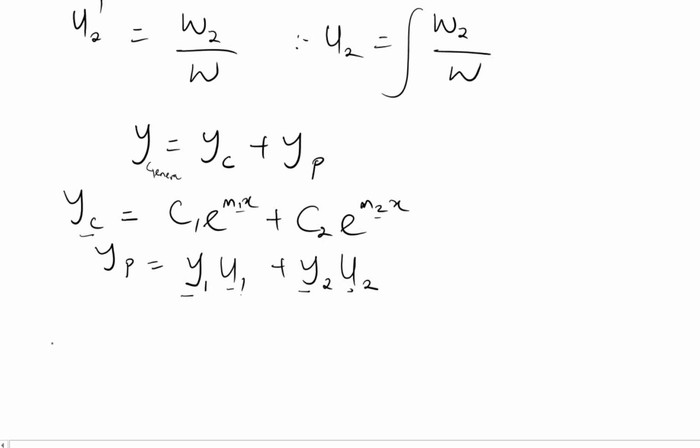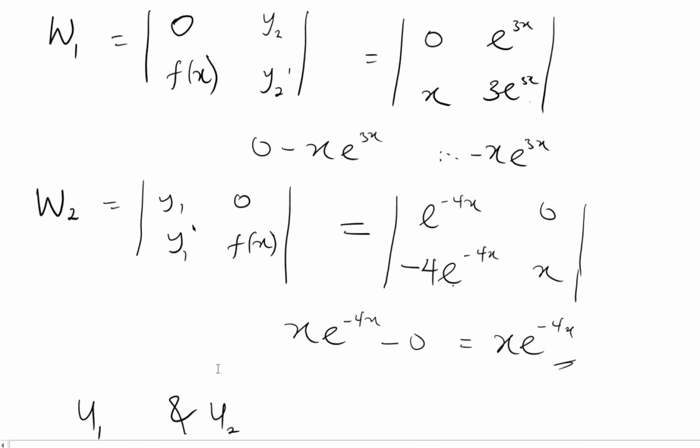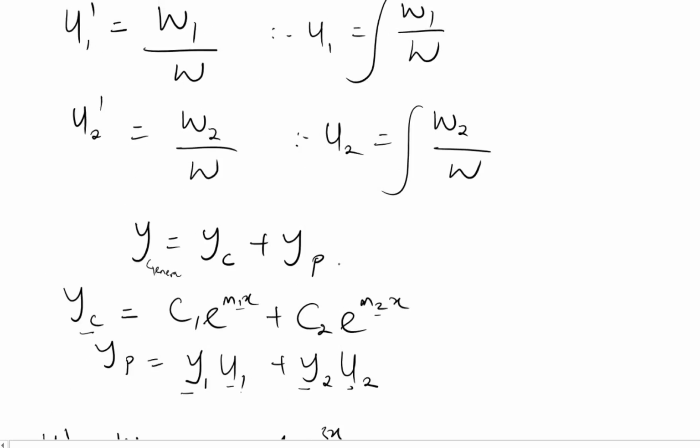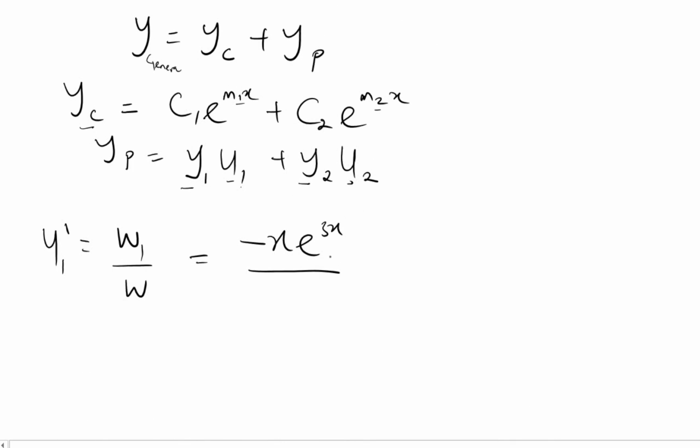Now what's going to be my u1? u1 prime is equal to w1 over w, in which I've already found my w1 to be negative x exponential 3x. Negative x exponential 3x divided by, what do I have as my w? 7 exponential of minus x.